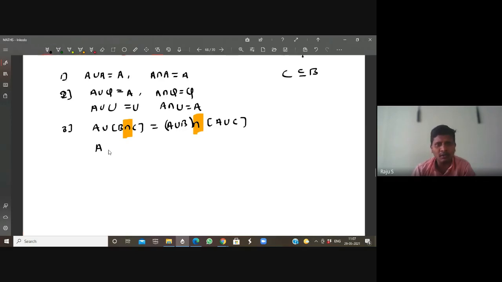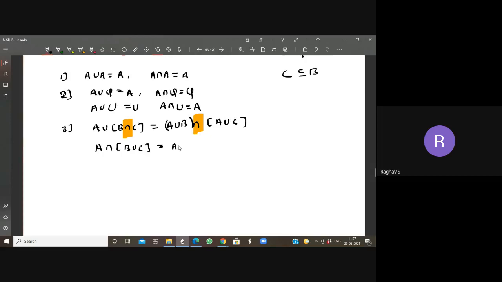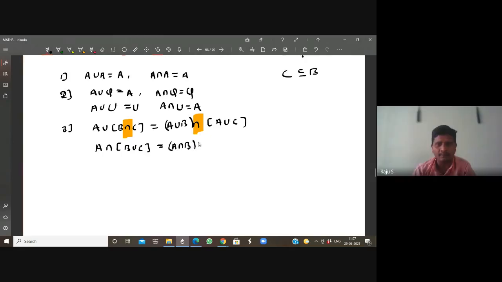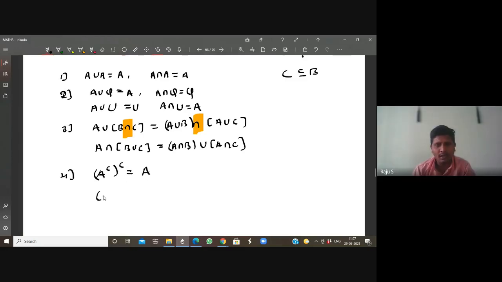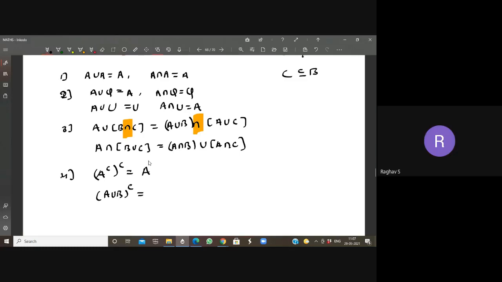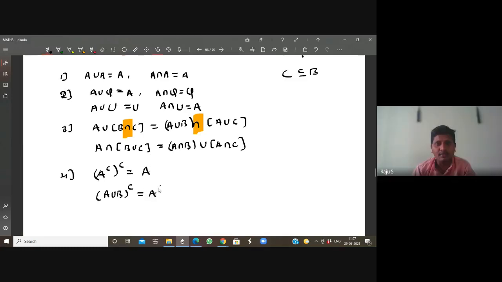Can anyone tell me the formula for A intersection (B union C)? (A intersection B) union (A intersection C). Exactly. Next, the fourth formula. We observe that (A complement) whole complement is equal to A. And (A union B) whole complement is A complement intersection B complement.